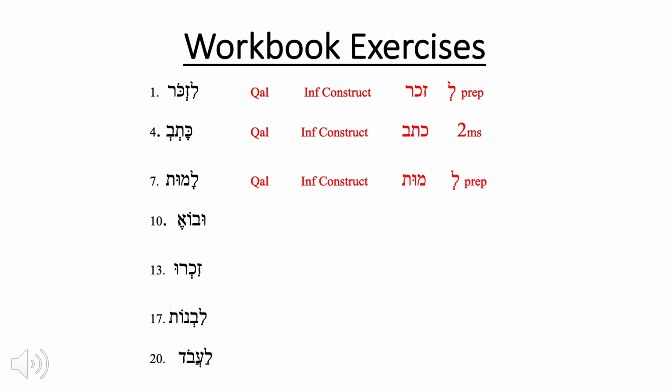That's because we use the infinitive construct as the dictionary form for these hollow verbs that have the shureq in the middle, or perhaps a yod, hireq yod, in the middle. We also have the lamed preposition at the beginning, which clues us in that this is an infinitive construct. An infinitive construct, as we saw in number 4, will not always have the lamed preposition, but the lamed preposition on the front of an infinitive is a giveaway that it's an infinitive construct and not an infinitive absolute.